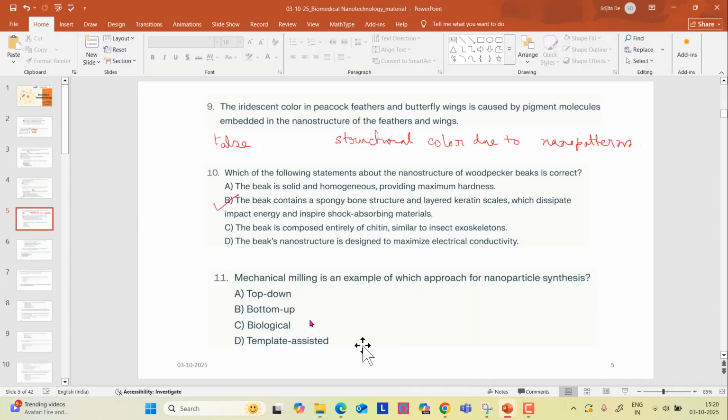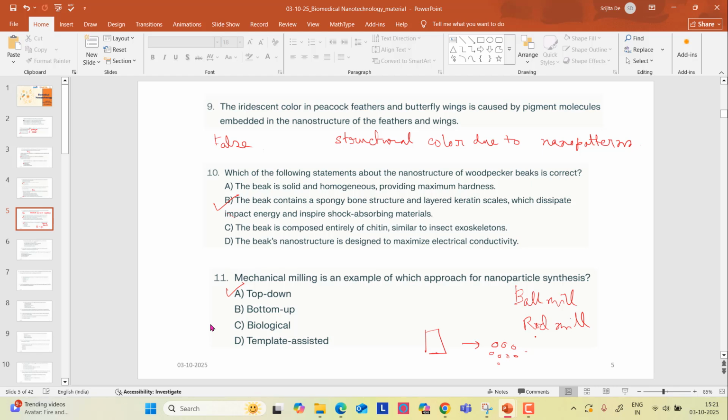Yes, it is top down. Milling includes ball milling, rod milling, everything. That means there are big particles and we are hammering them so they become smaller particles, and thus these nanoparticles are synthesized.